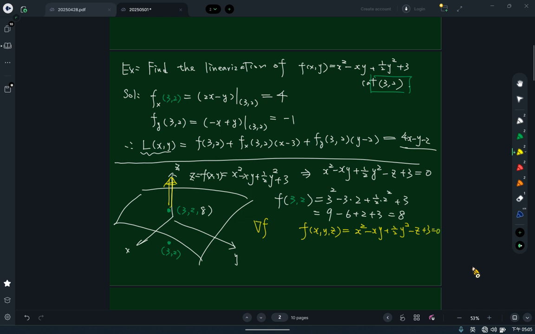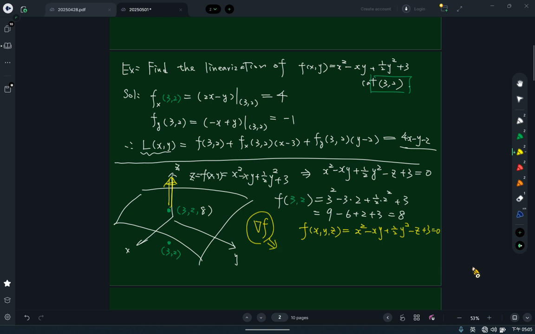Both are fine. You can just move plus 3 to the right hand side, become -3, or you still keep 3 at the right hand side, and its return value should be 0. Okay, so once we get a function, we can start to calculate the gradient vector, right?